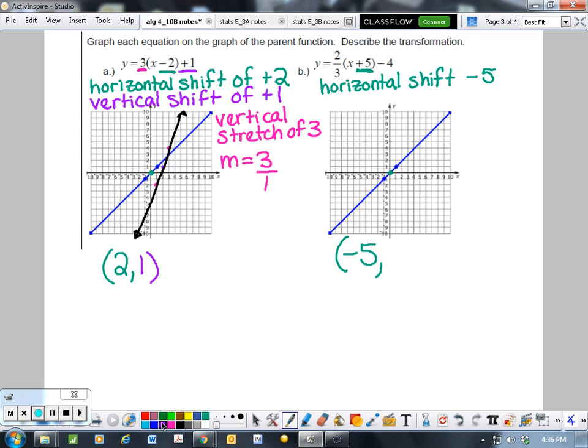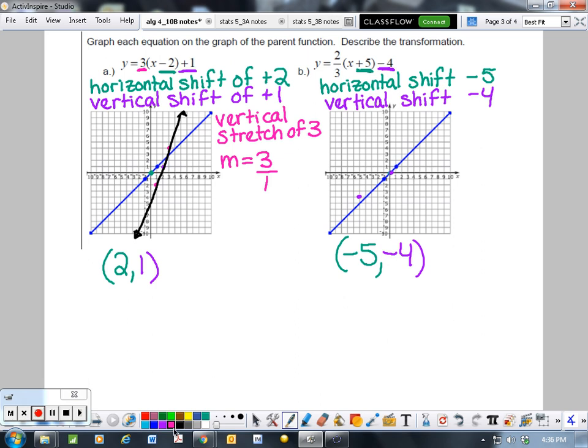And then I'm going to my y value, which is -4. So y value is vertical, so this is a vertical shift of -4. So this point here, 0, 0, is now going to become the point -5, -4. So horizontal shift of -5, vertical shift -4, and that's my new point.